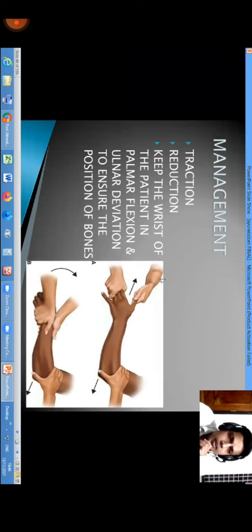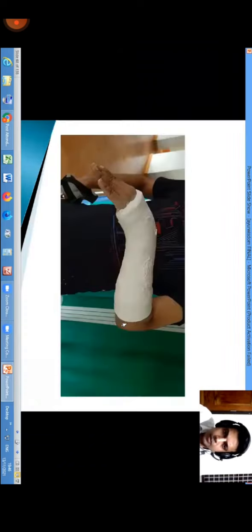The important point is to keep the wrist of the patient in palmar flexion and ulnar deviation to ensure the position of the bones. Here we can see an ulnar deviation is given.